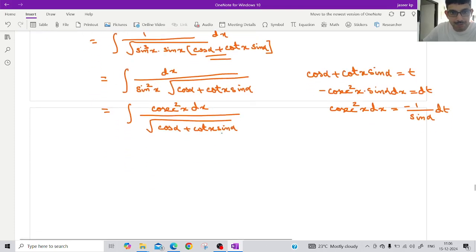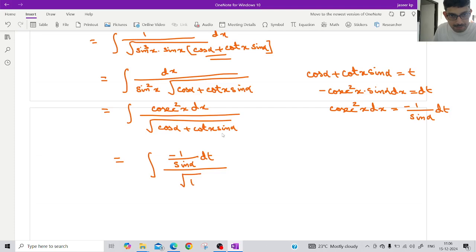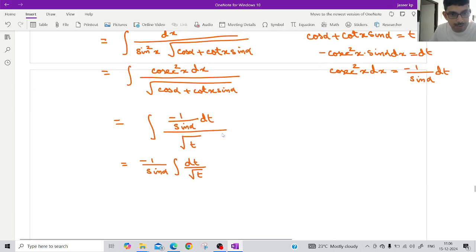So now we will be substituting in this. So what we will be getting is minus 1 by sine alpha dt divided by root t. So minus 1 by sine alpha is taken outside, so dt by root t. So 1 by root t integral is 2 root t. So that is minus 1 by sine alpha into 2 root t plus c.